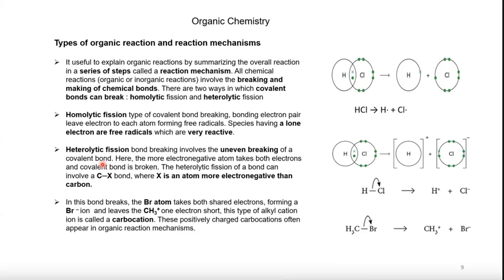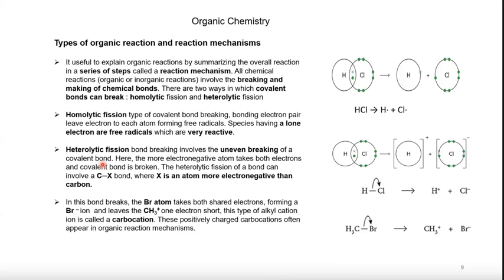We have atoms bonded together covalently, an electronegative atom and an electropositive atom sharing a bond pair of electrons, but the electronegative nucleus pulls the bond more toward itself.